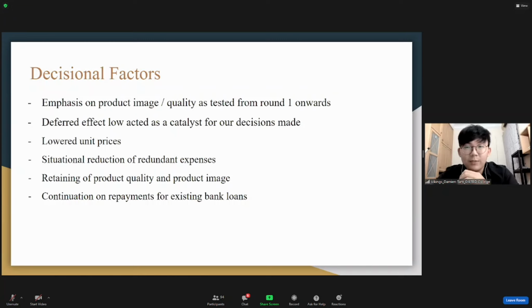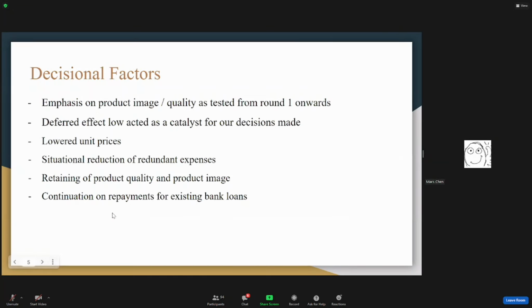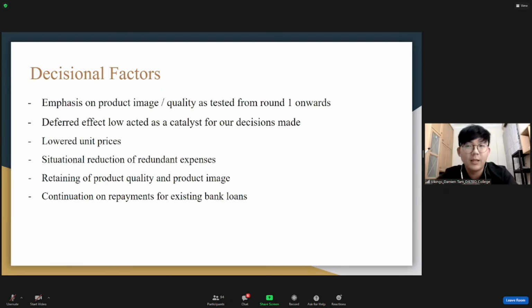We based our decision making on the low market deferred effect, as opposed to prioritizing our market share, in order to take advantage of this particular aspect for this simulation. Next, we also took reduction in unit prices, as this paired with improvements in our product image and product quality enabled us to capture larger markets and boost market share.